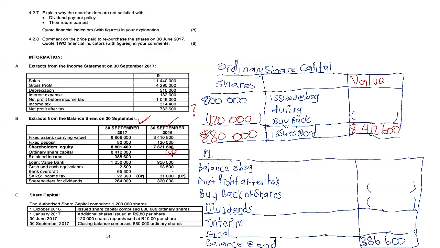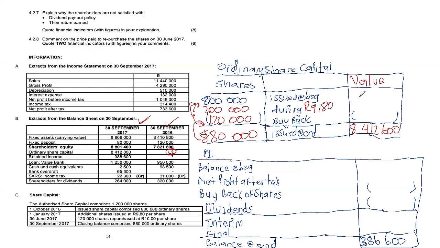So now what you need to do is to take 880,000 shares plus 120,000 as our buyback, and then you subtract your 800,000 to get additional share capital of 200,000. So during the financial year, the company issued 200,000 shares at 9 Rand 80 per share.